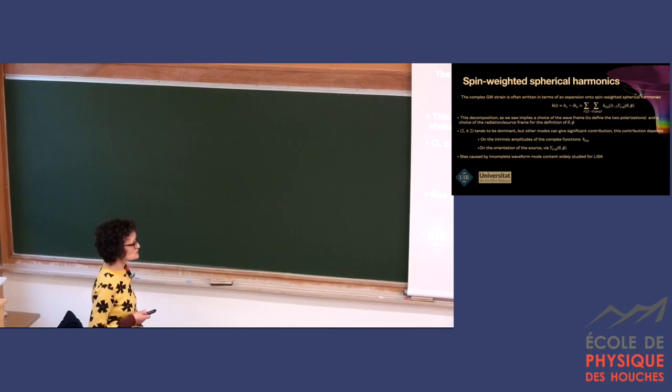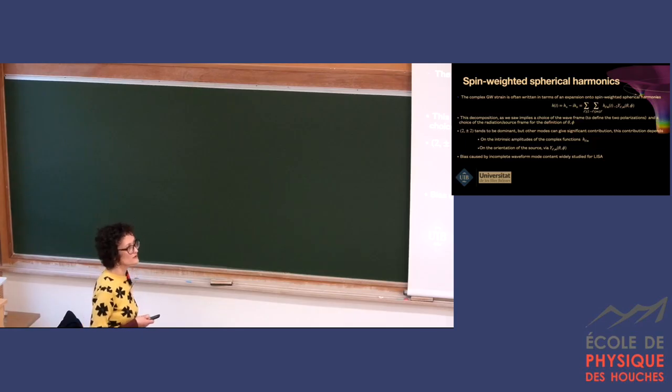So the 2-2 modes tend to be dominant. But you can see from here that you also have this weighting term given by the spin-weighted spherical harmonic that will give you an inclination dependence of the relative strength of the higher modes. On top of that, you have to consider the sheer amplitude of the modes themselves.